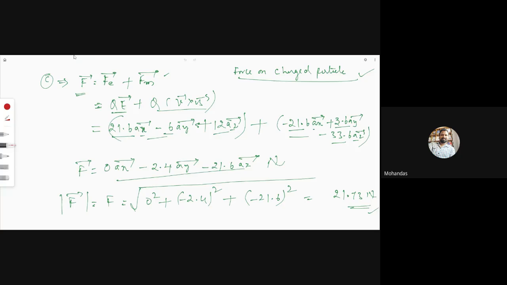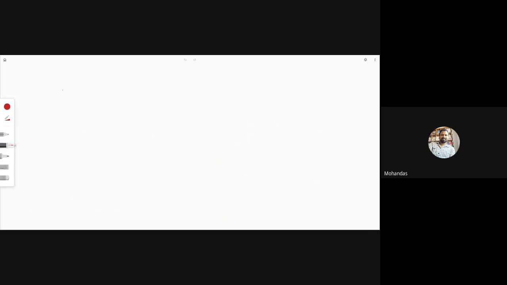Let me solve this. Simple problem. F equal to IL cross B. I is how much current is flowing through the conductor? 2 amperes, right? 2 into 6 AZ. B is how much? 0.08. What is the direction?